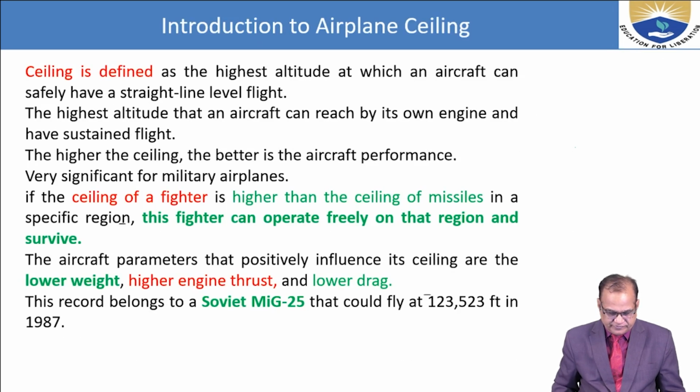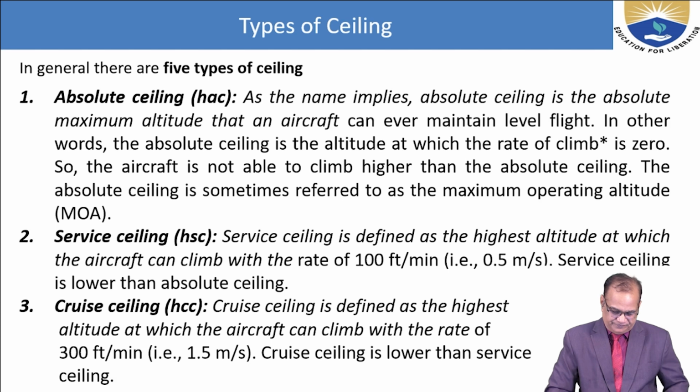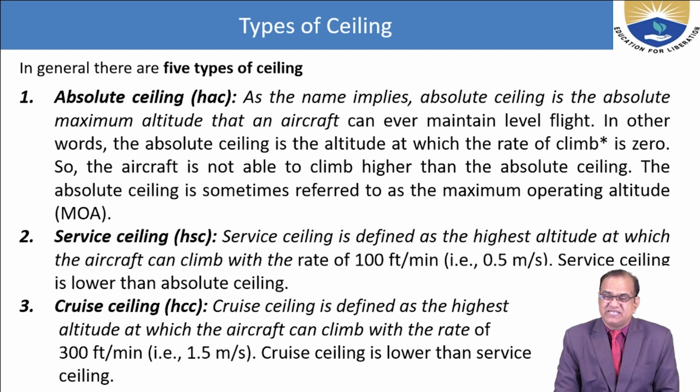Okay, so this is the introduction. Now I will discuss the types of ceiling. In general, there are 5 types of ceiling. First is the absolute ceiling, denoted as HAC. As the name implies, the absolute ceiling is the absolute maximum altitude at which an aircraft can ever maintain level flight.